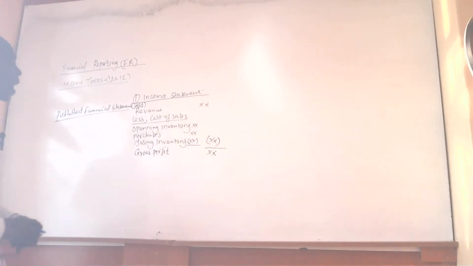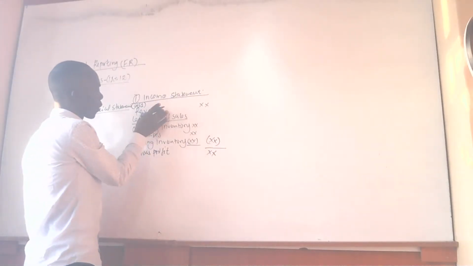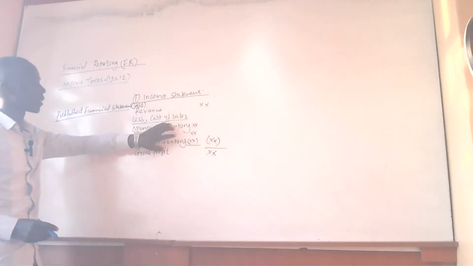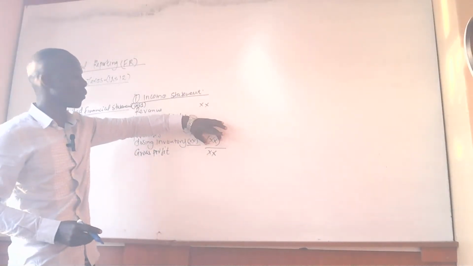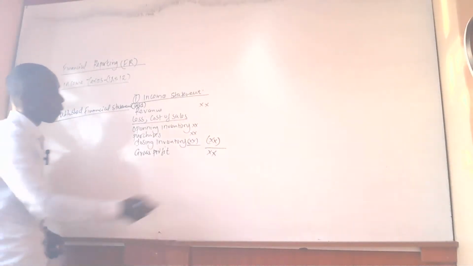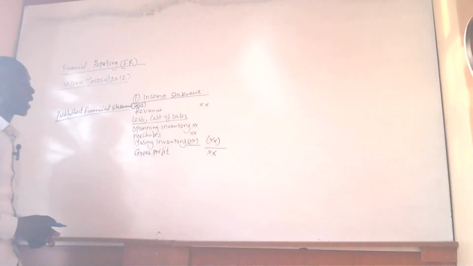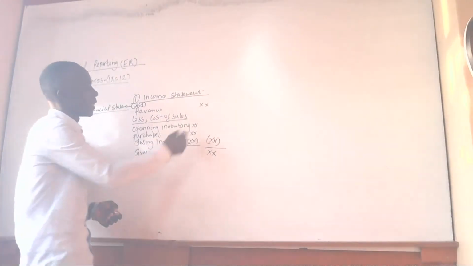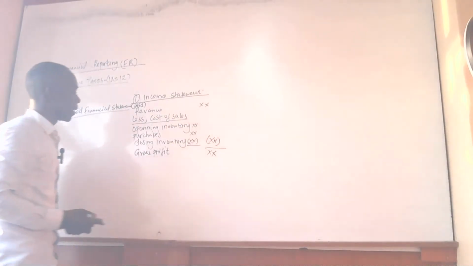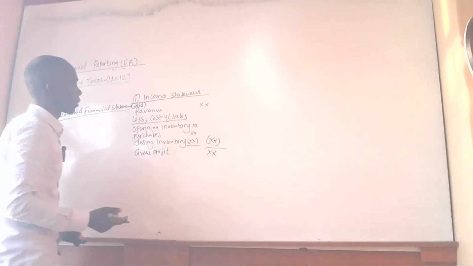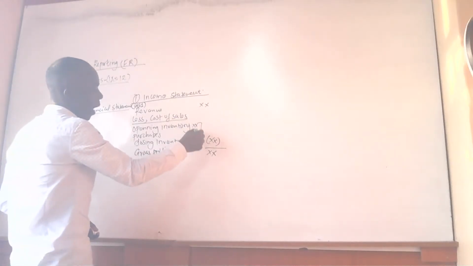For example, under the published financial statement, you just look at the revenue, then you raise the cost of sale. This cost of sale, this amount that you are supposed to get here, will be calculated somewhere else. Once you have calculated it somewhere else, you bring this figure the way it is and put it here. What I'm trying to explain is that under published financial statement, these are workings.